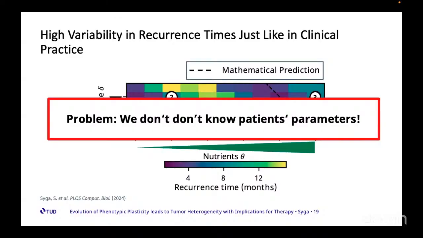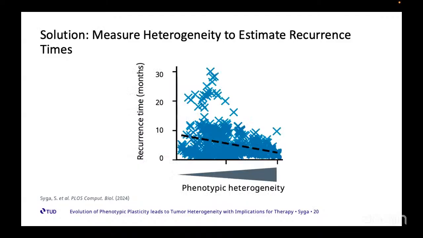So in the last steps, what I did was, let's assume we don't know any of the parameters. We throw all the simulations in one black box and assume we have maybe some features that we could measure in the clinic. For example, we could measure some observable of the heterogeneity of the cells. So in this case, what I plotted here is the recurrence time versus the phenotypic heterogeneity.